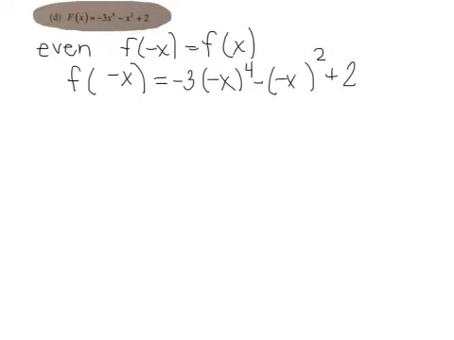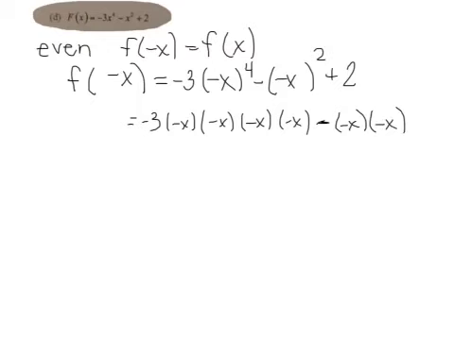I'm going to write this out, and I'm going to have a lot of parentheses. So these are 4 negative x's, 2, 3 x's, and 4 x's. Minus, and then I've got 2 negative x's in this one. Negative x, plus 2. All right, let's talk this out.